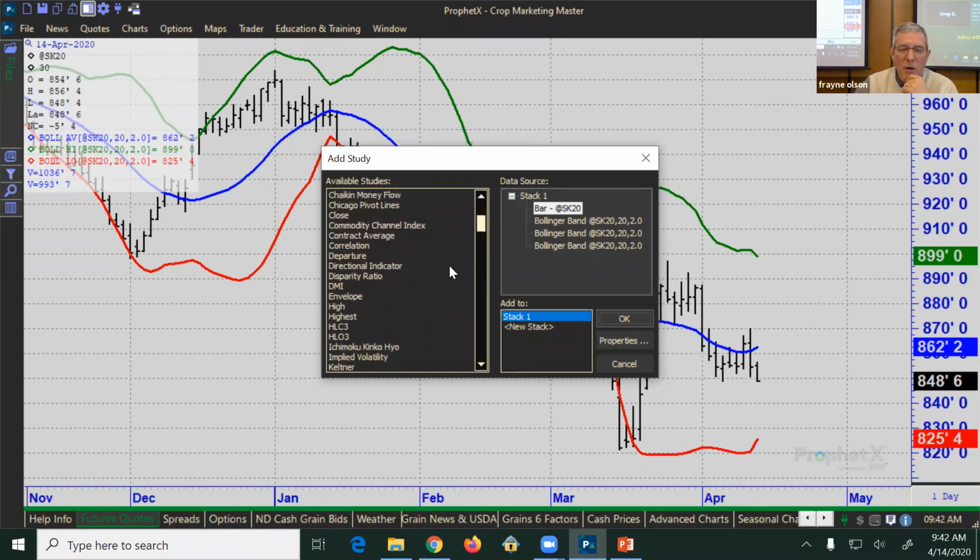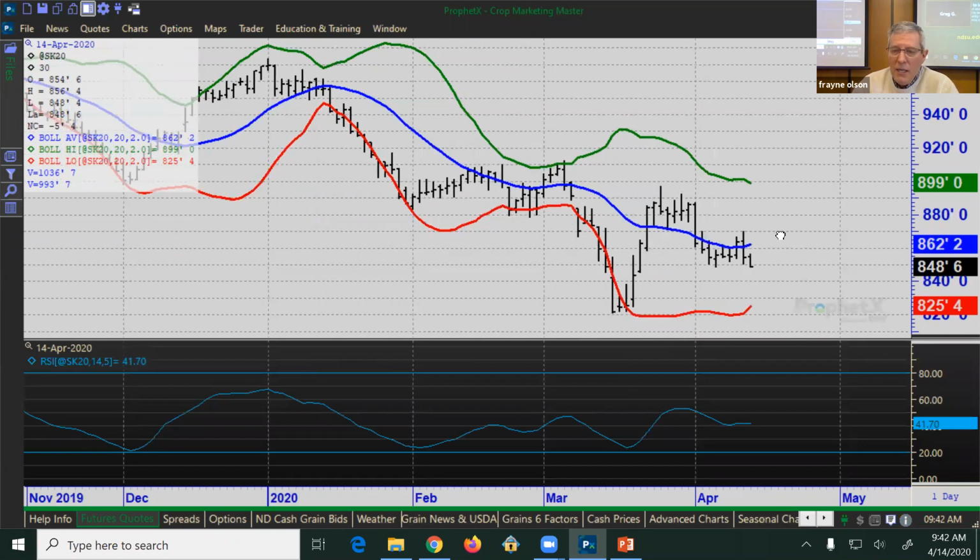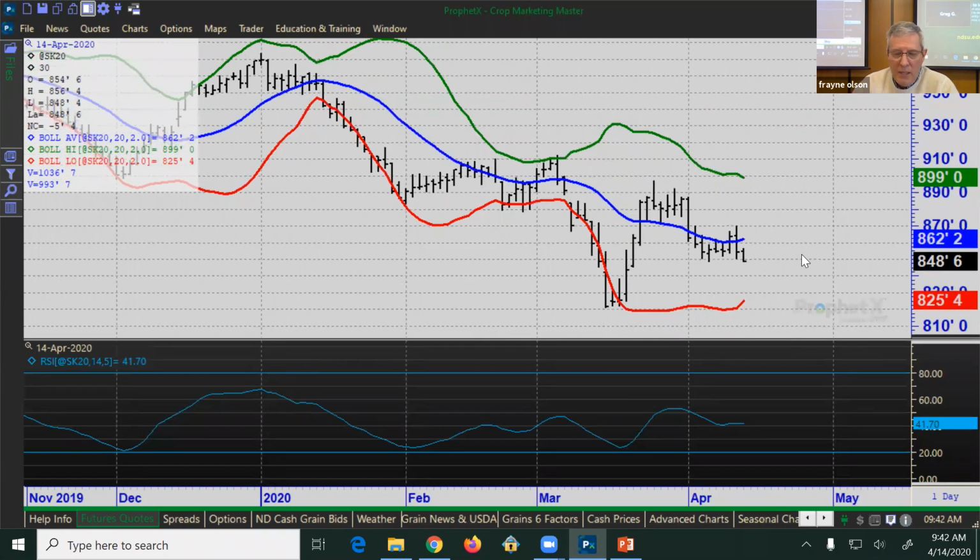And that would be the RSI, Relative Strength Index. Let me see if I can find it here. RSI, right here. I'm going to add that. So the RSI, and again, you'll see a relationship, because it's a mathematical relationship, Relative Strength Index is a ratio.